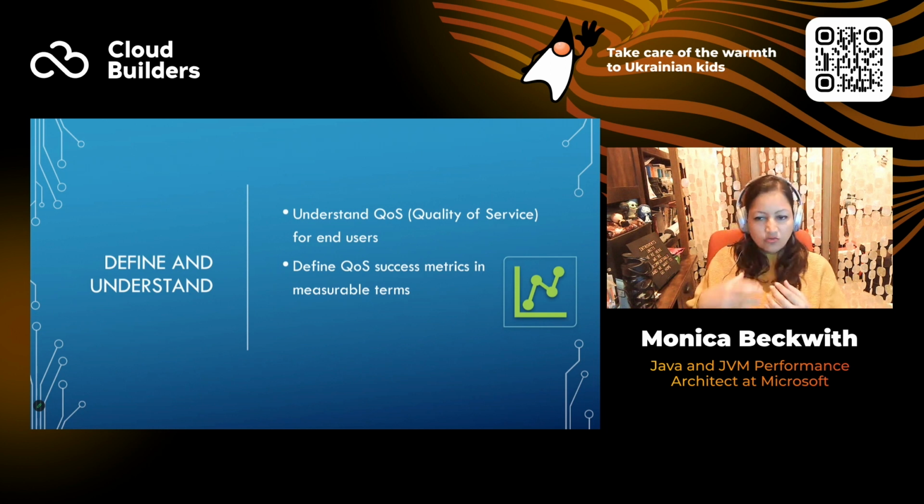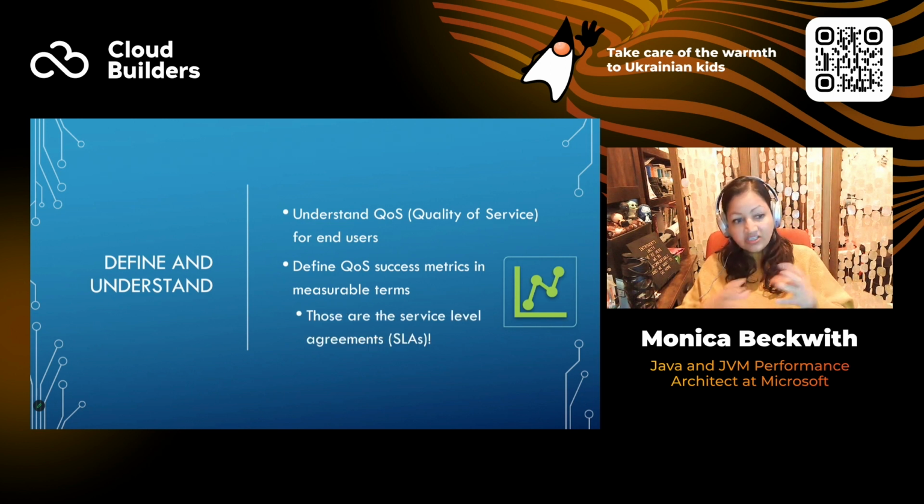Up until now, we're talking about happiness. We're talking about these terms that reflect satisfaction. But how do we talk about satisfaction in terms of something that's measurable? So that's the job of a performance engineer. When we define these quality of service metrics in terms of something that's measurable, these are called your service level agreements.